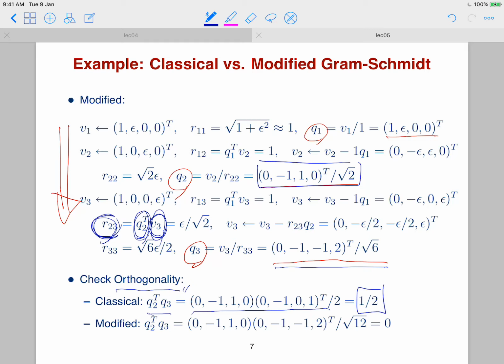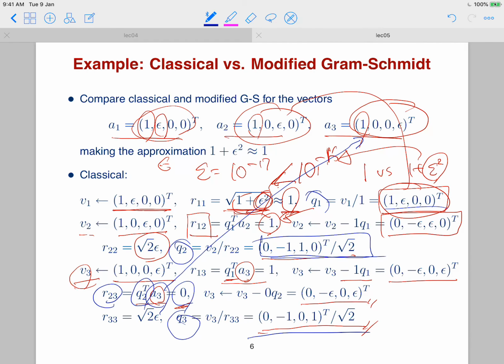So the remaining part of this V3, which is just subtracting the previously built component and then computing the inner product with this guy and this guy, can still produce some small values like this, but their inner product is completely viewed as 0. Let's see.